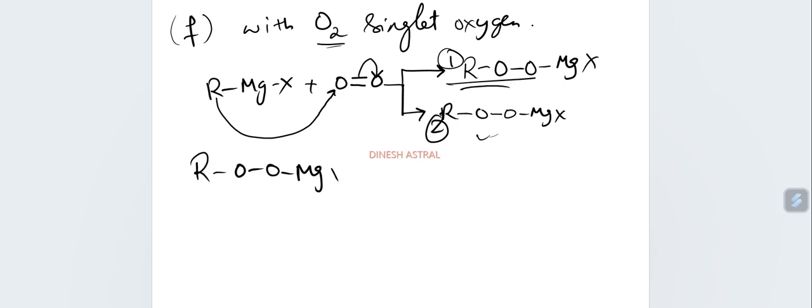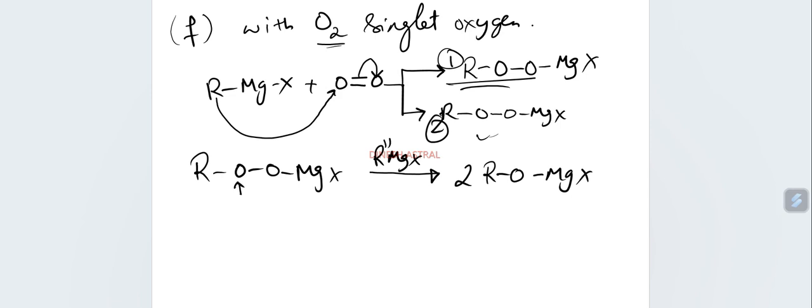With this compound, if I'm treating with another molecule of Grignard reagent, let me put a double dash here. What it will form is ROMgX, but here it will be two molecules. How will you write it in the exam?